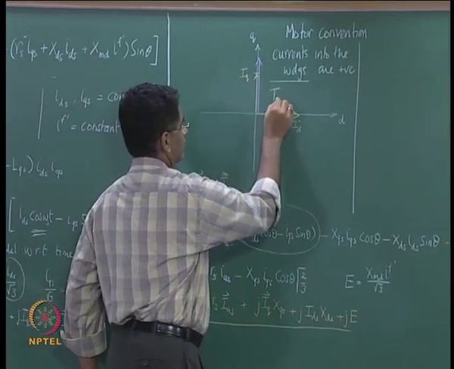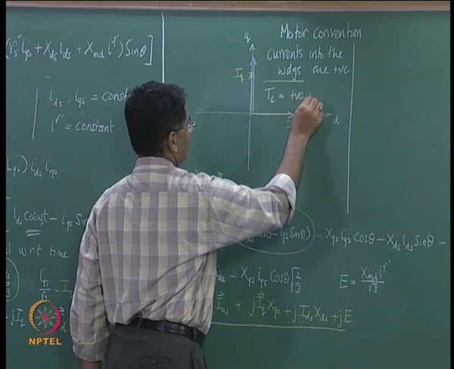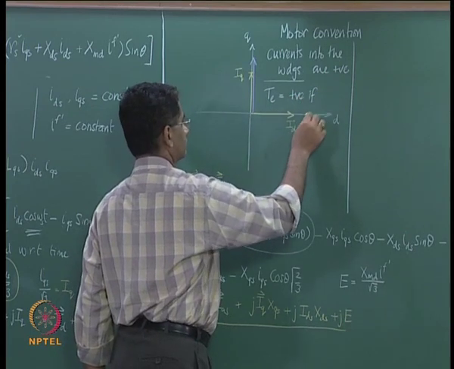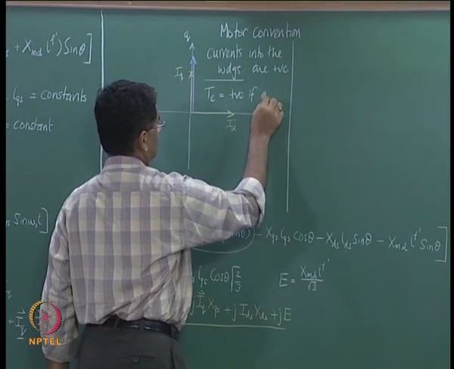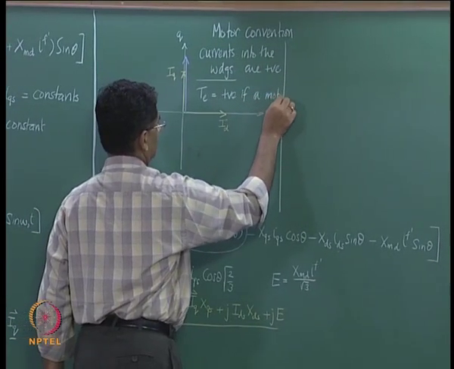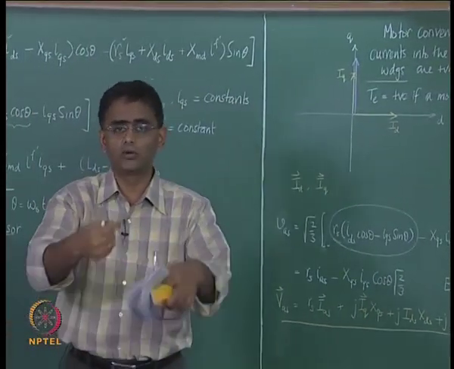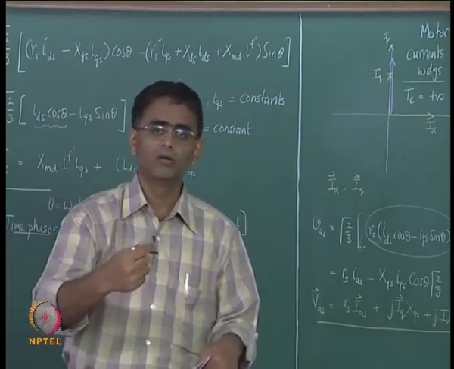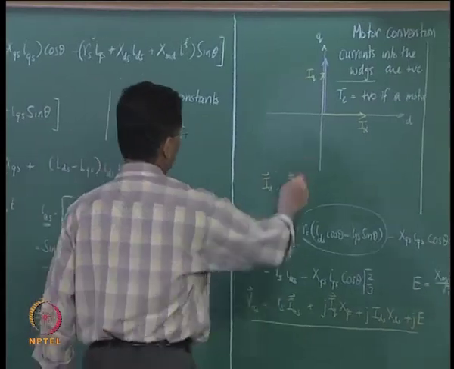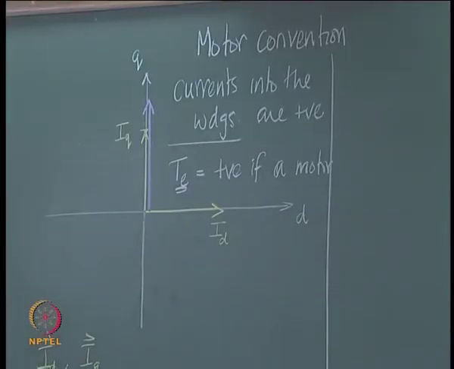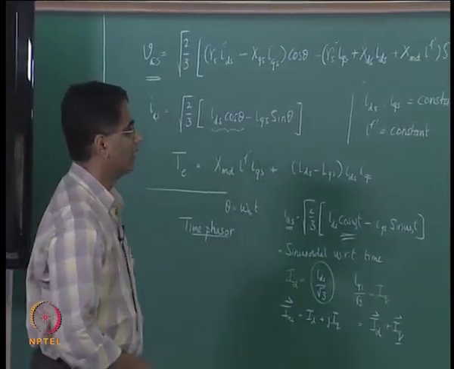Torque that is developed is positive if it is a motor. That means if the machine is really supplying some load torque, making the load rotate by taking electrical input, then this number Te, if you evaluate from this expression, will turn out to be greater than 0.